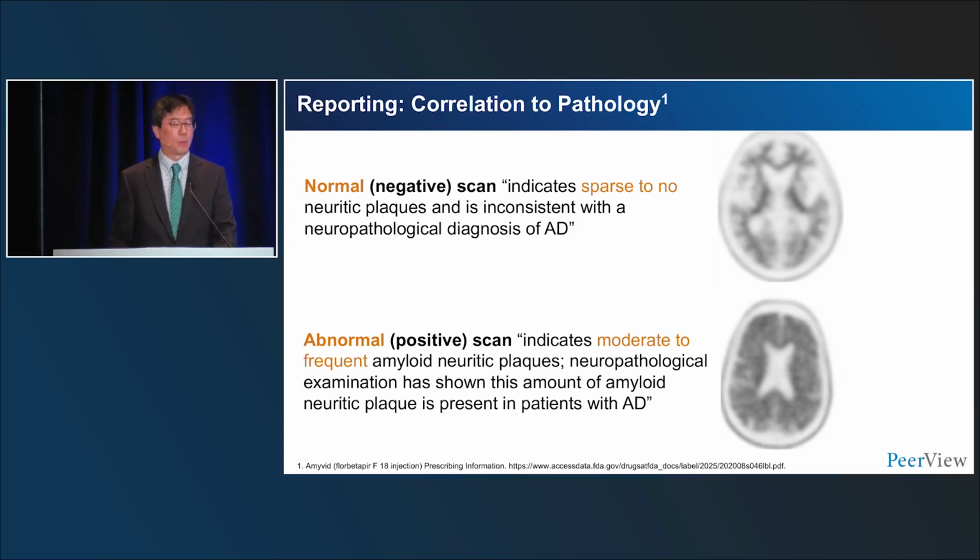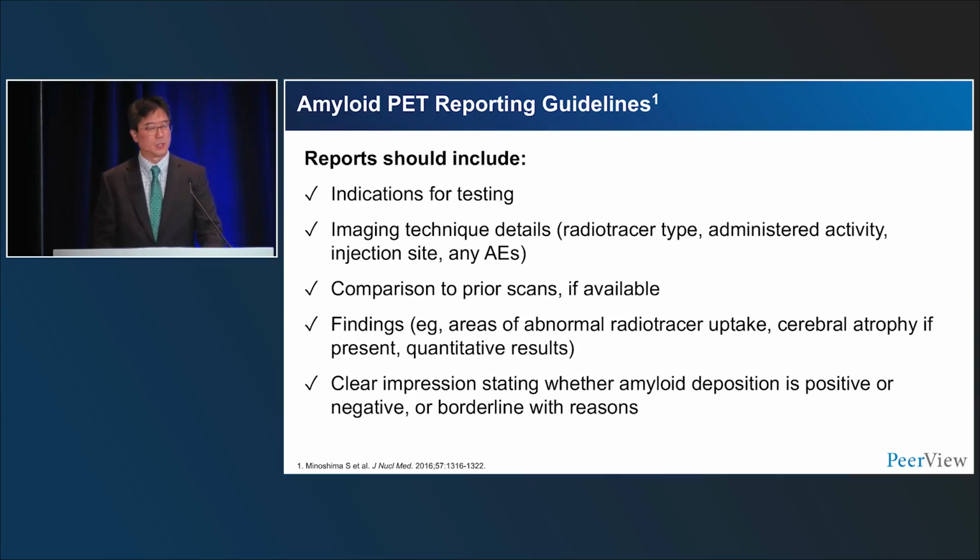Conversely, an abnormal or positive PET scan indicates moderate to frequent amyloid plaques. Neuropathological examination has shown this amount of amyloid neuritic plaque is present in the patients with AD. I basically take this word for word out of the prescribing information from one of the tracers. It shows a nice correlation to the pathology.